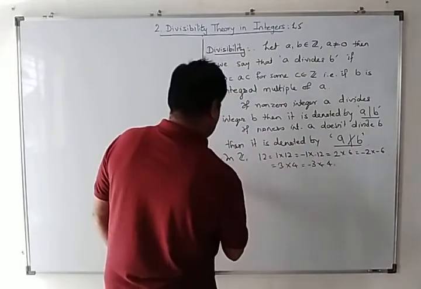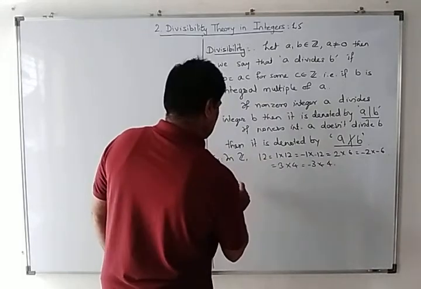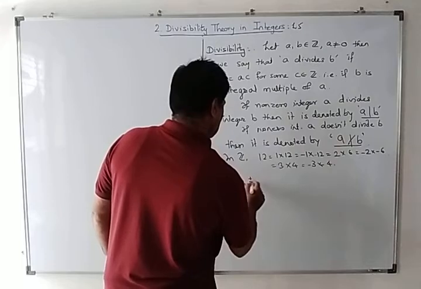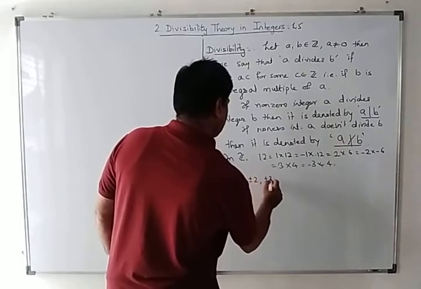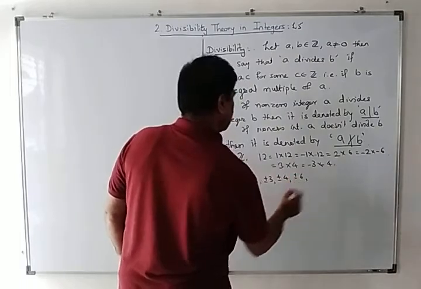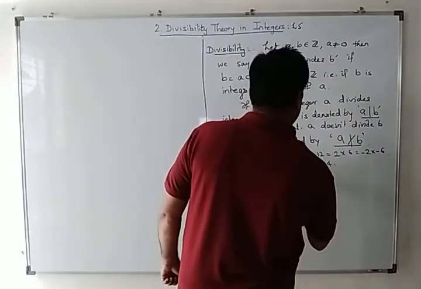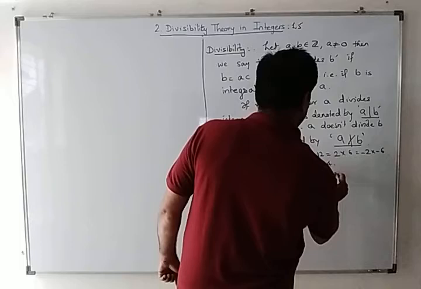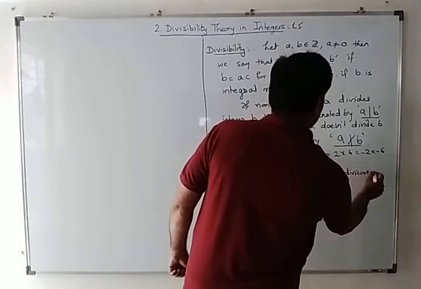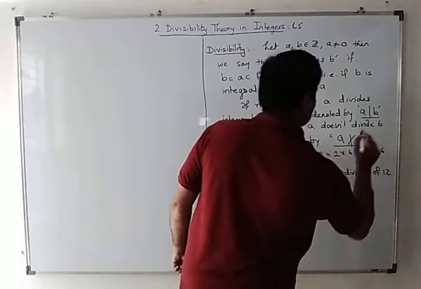This implies plus minus 1, plus minus 2, plus minus 3, plus minus 4, plus minus 6 and plus minus 12 are divisors of 12.